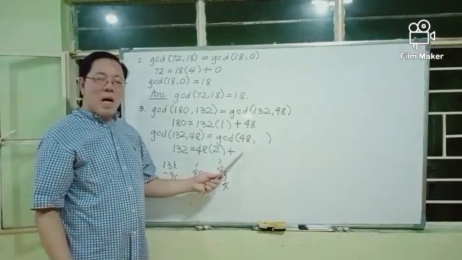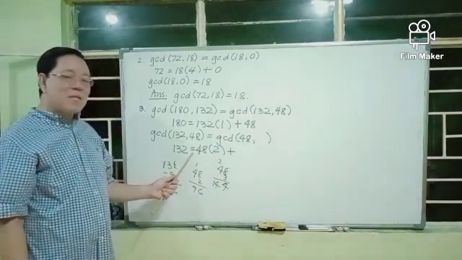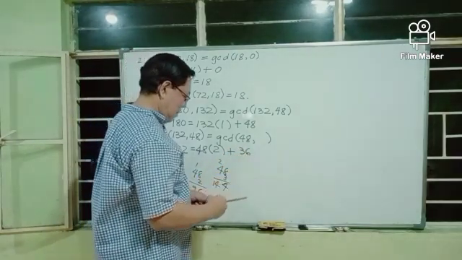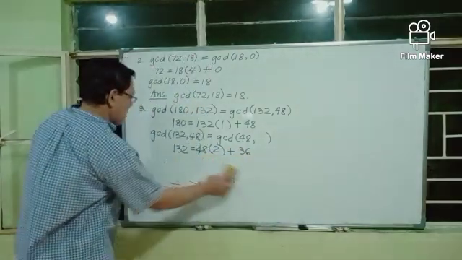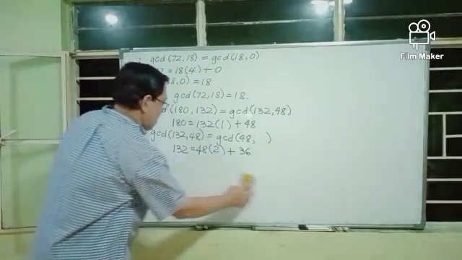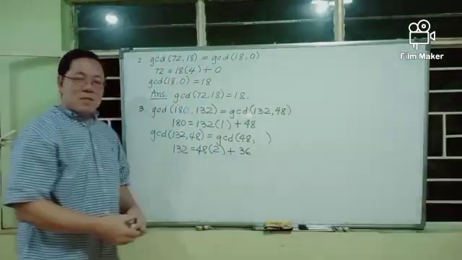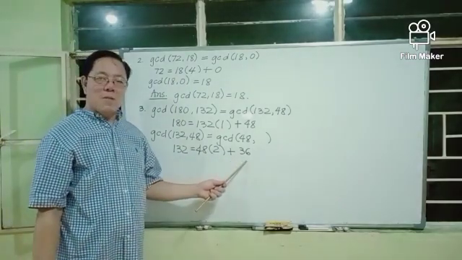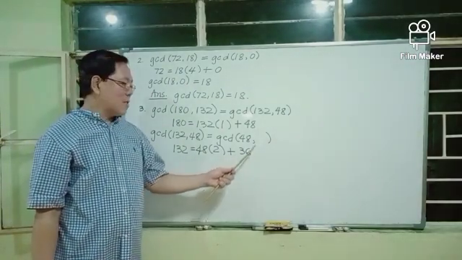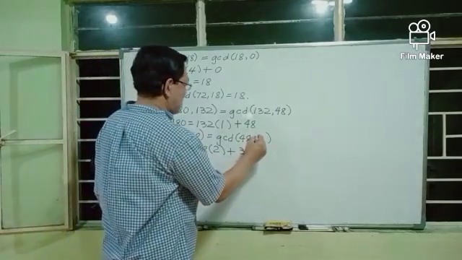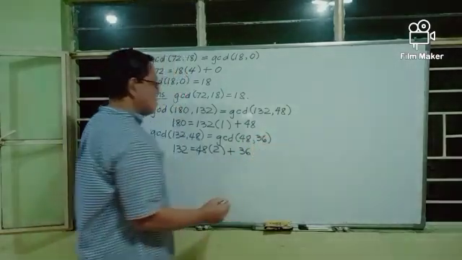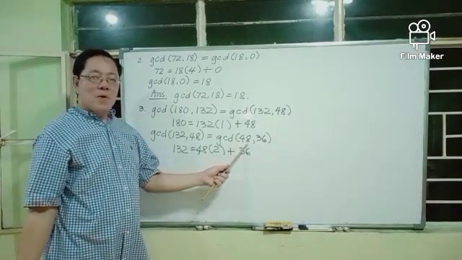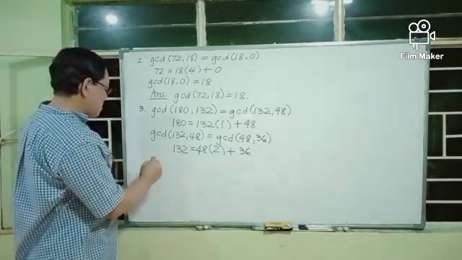So the constant to be added here is 36 to maintain the equality. This is now of the form A equals B times Q plus R. Therefore, R equals 36. Now we find the greatest common divisor of 48 and 36.